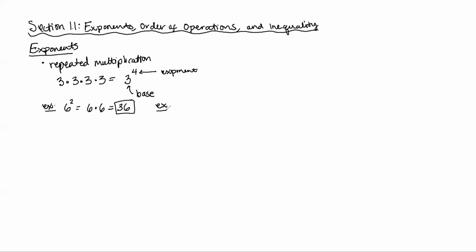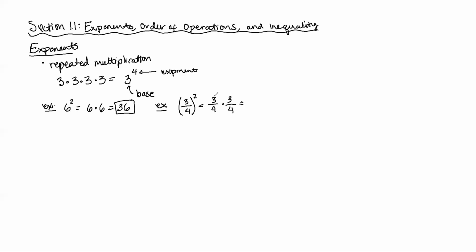The second one here, let's say we have 3/4, all in parentheses, squared. Since that fraction is in the parentheses and we're squaring it, this 3/4 here is our base, 2 is our exponent. So this means we're taking 3/4 times 3/4.